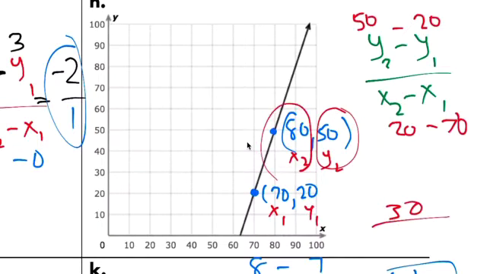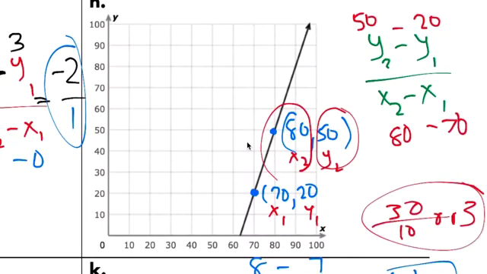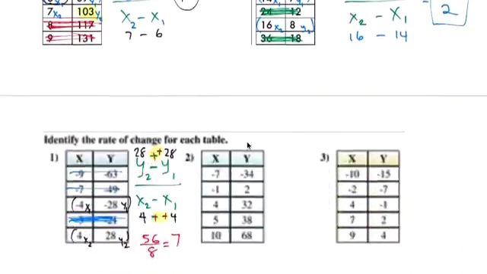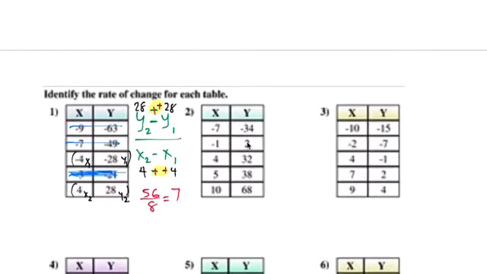So that's over 10 or reduced to 3. That's your rate of change or slope. Okay.